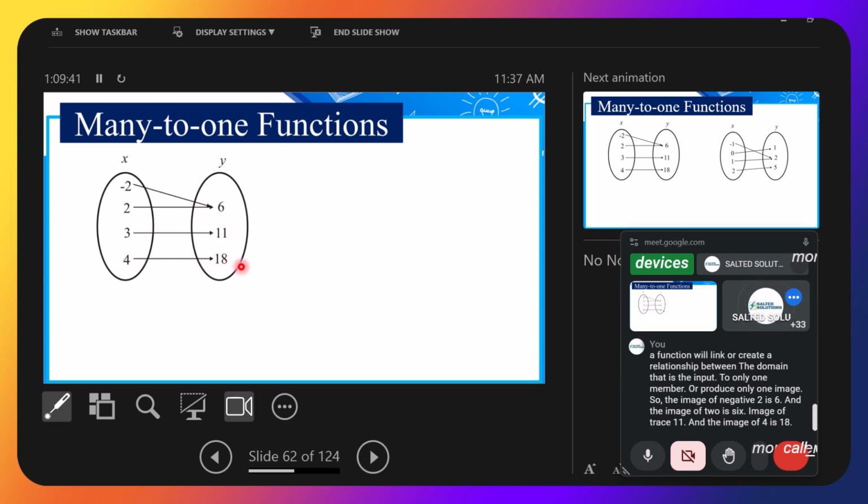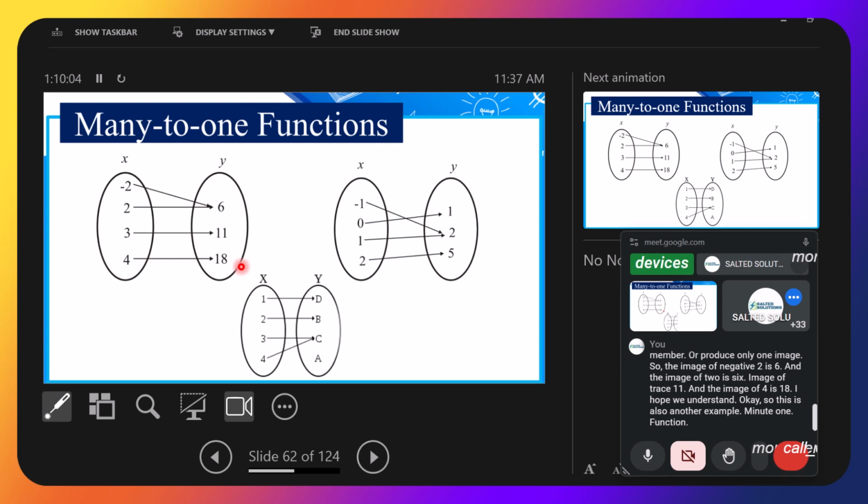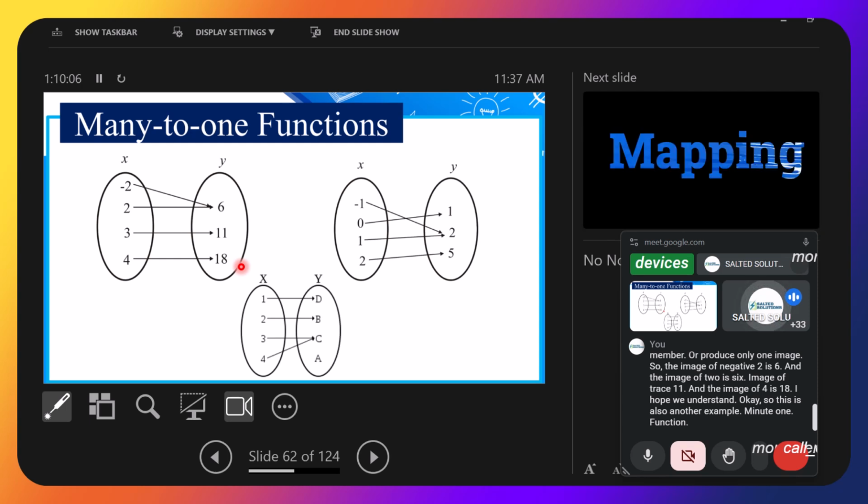I hope we understand. Yes, sir. Okay. So this is also another example of the many-to-one function. And then we also have another example. So you agree with me that this is to give a real life illustration of what a function is doing.